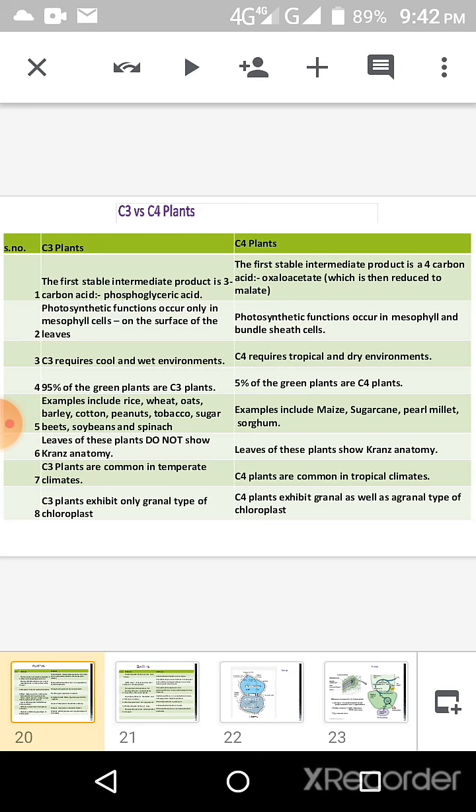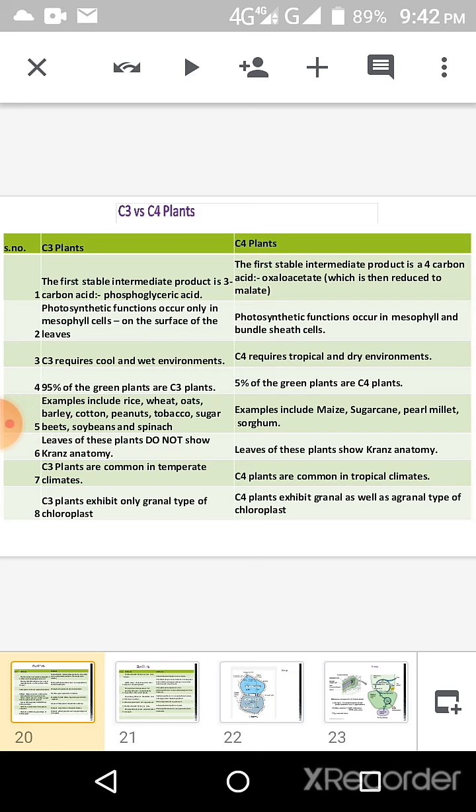In C4 plants, the first stable intermediate product is a 4-carbon acid, oxaloacetate, which is then reduced to malate. In C3 plants, photosynthetic functions occur only in the mesophyll cells, whereas in C4 plants, photosynthetic functions occur both in mesophyll and the bundle sheath cells.